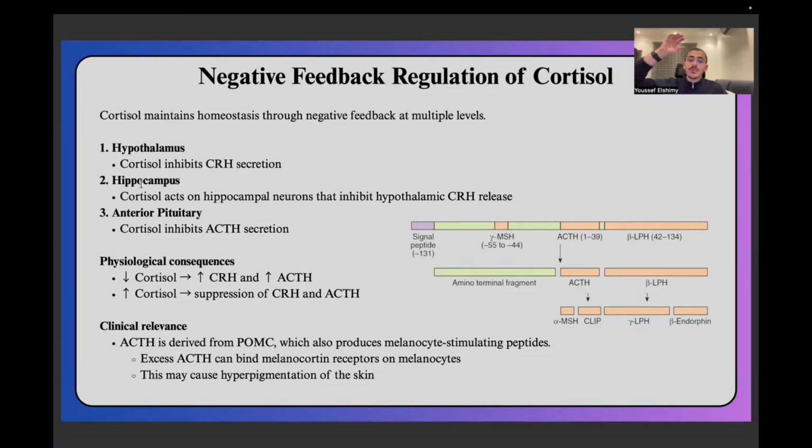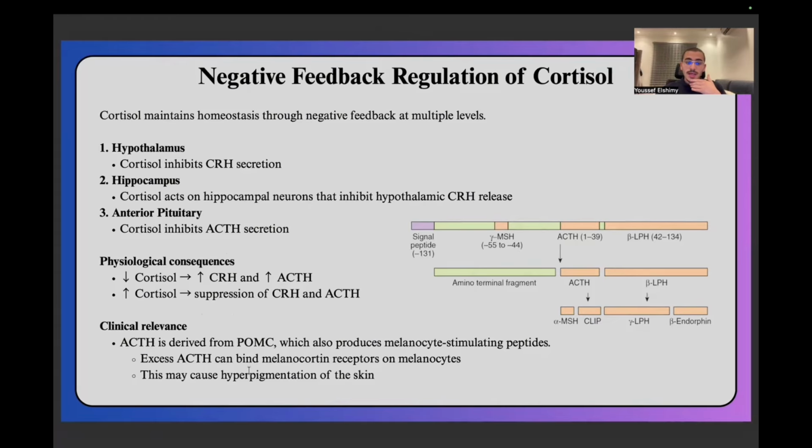Also, it acts directly at the anterior pituitary, and by this it inhibits the release of ACTH. So if there is decreased cortisol, this leads to increased CRH and ACTH release because there is loss of negative feedback. But if there is increased cortisol, you have enough cortisol and there is no need to produce more, so this leads to suppression of CRH as well as ACTH.